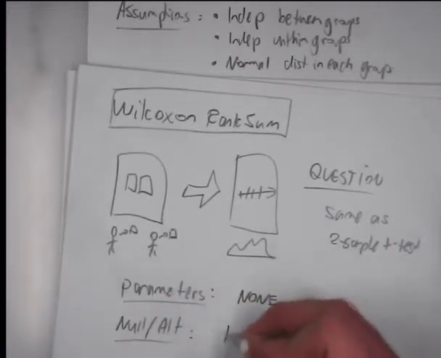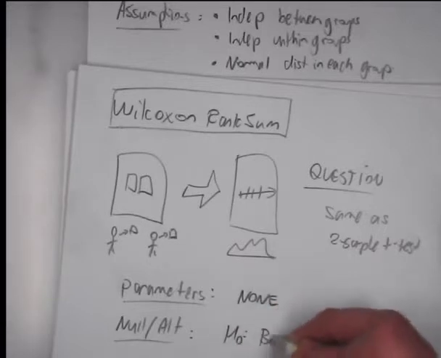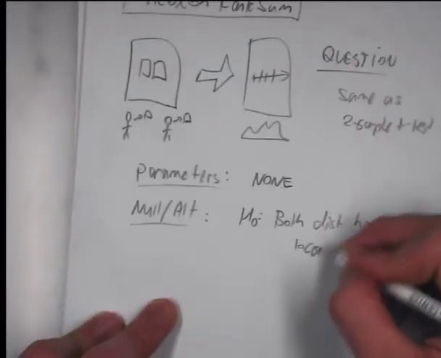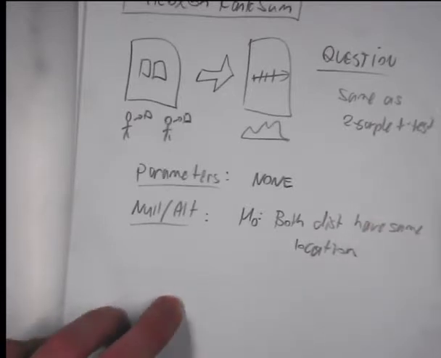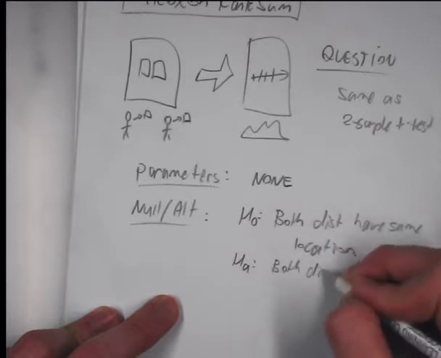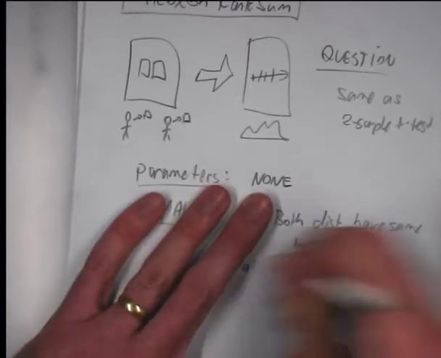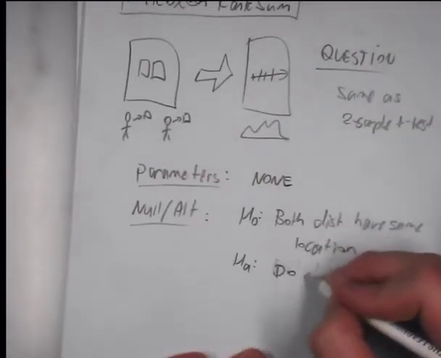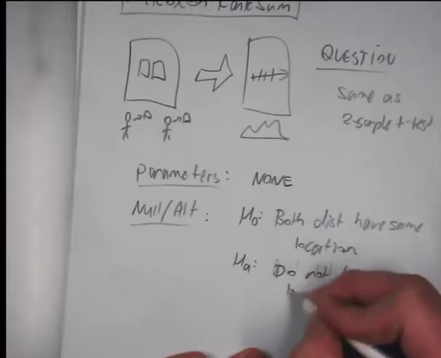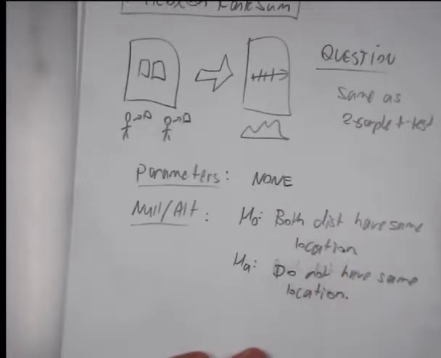Null and alternative. H0: both distributions have the same location. Alternative: they do not have the same location.